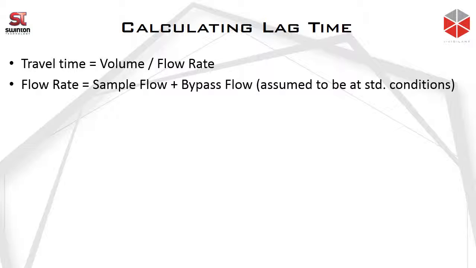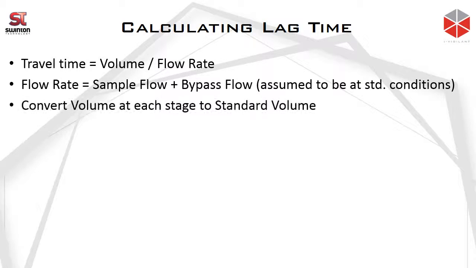Now, because both typically will go to atmosphere, these flow rates can be assumed to be at standard conditions. And so in order to calculate the time, we must convert the volume at each stage to those same conditions. So we must convert the volume to the standard volume.